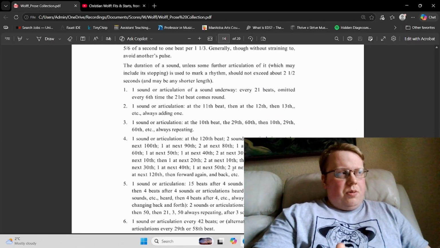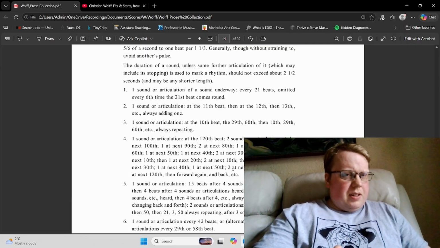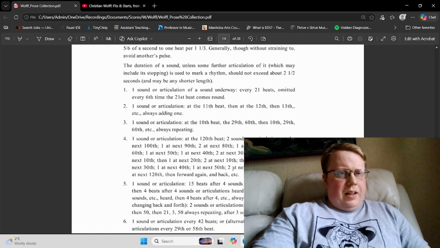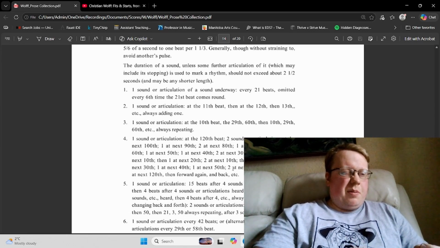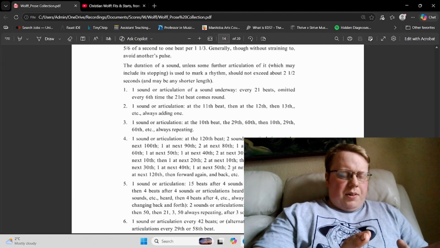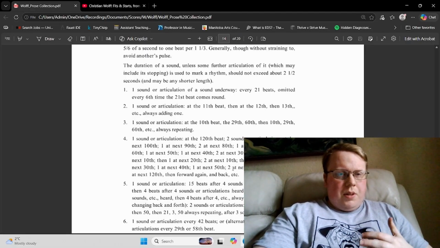They also may be in different tempi, and they are probably going to have different bits of musical material, but the little rhythm that they play, or whatever it is, should be about 2.5 seconds long or shorter.